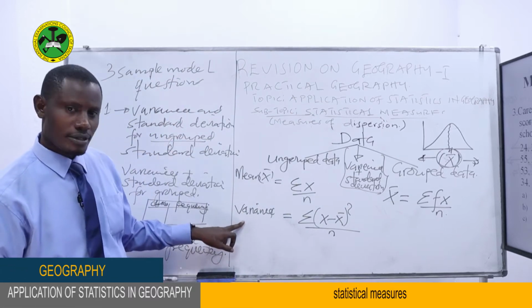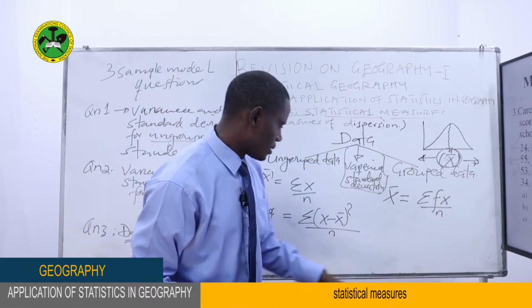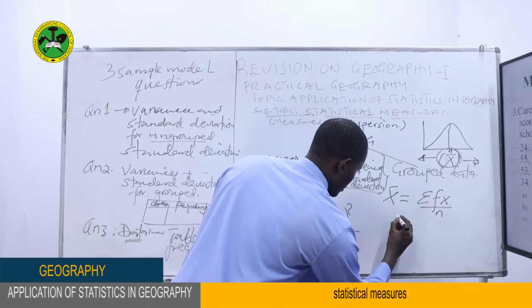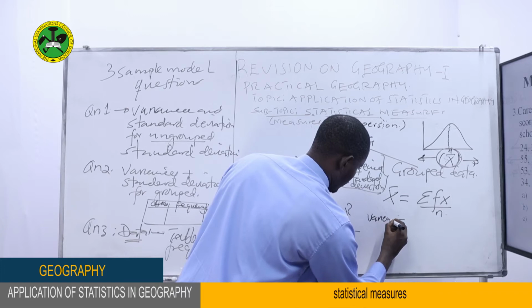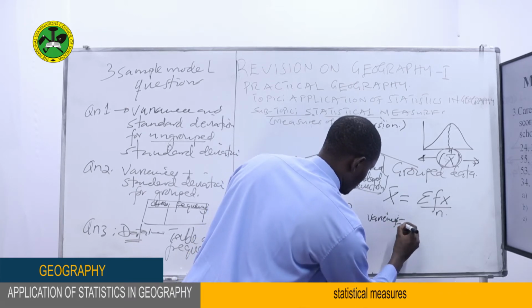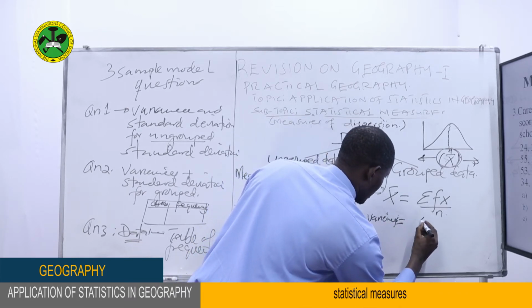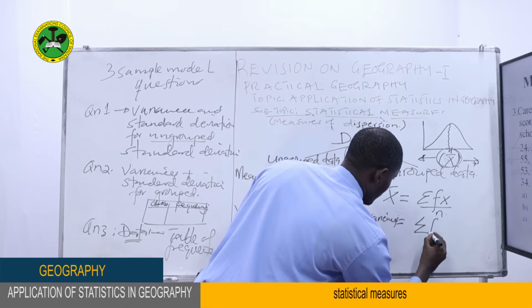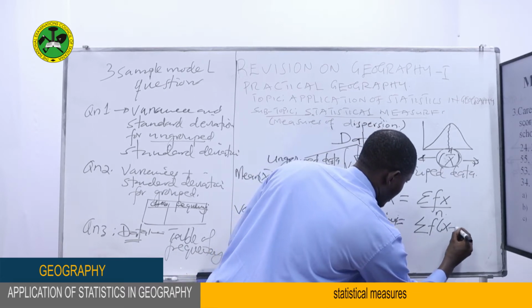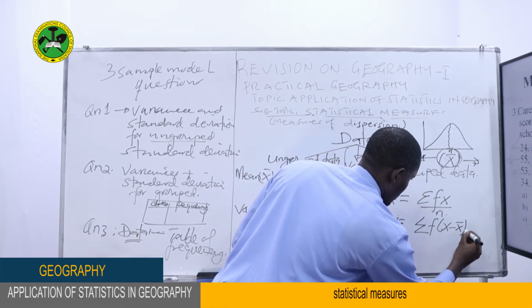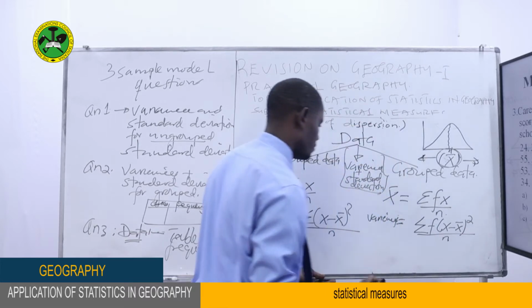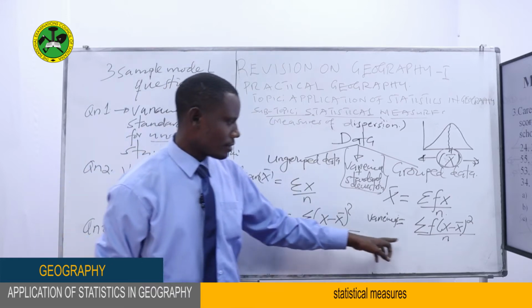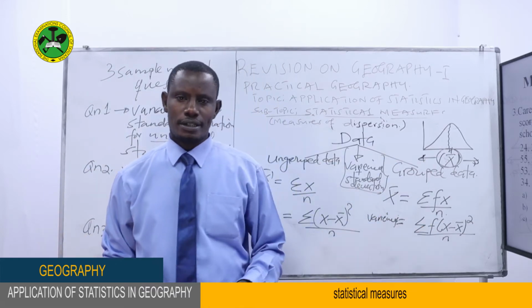But again, the variance for the grouped data is given by the summation of f times x minus x bar squared, then you divide by n. Then you get the variance for the grouped data.